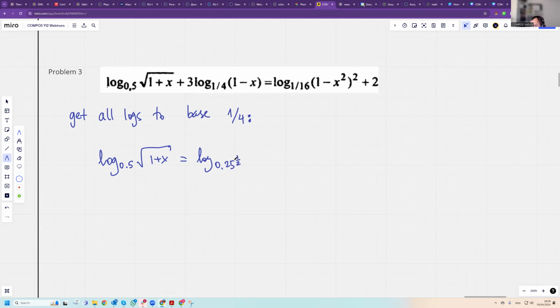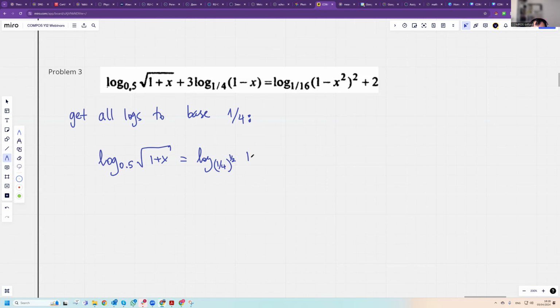No, that doesn't make sense. 0.5. Oh yeah, to the power 1/2. So a quarter, a quarter to the power a half, because a quarter to the power half is 0.5, yes.